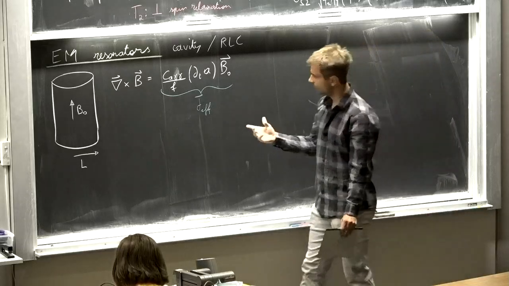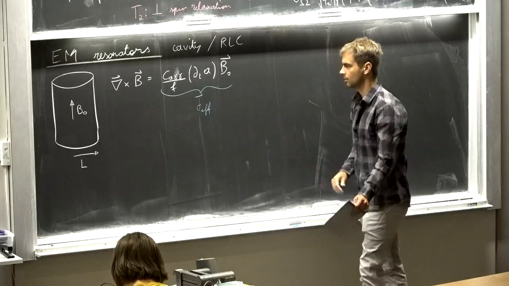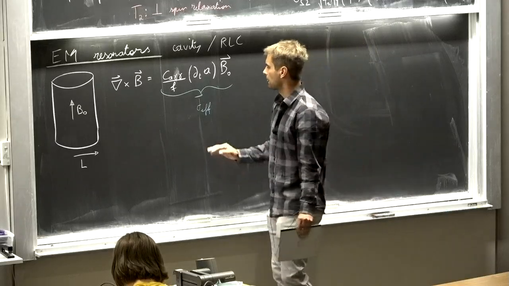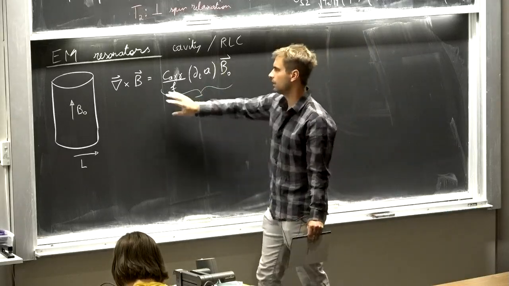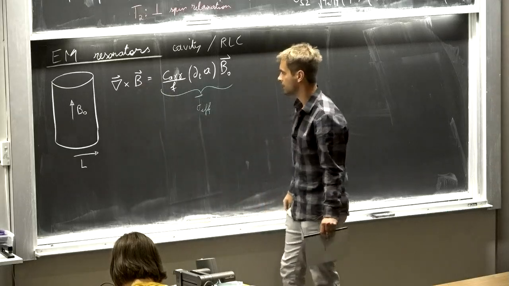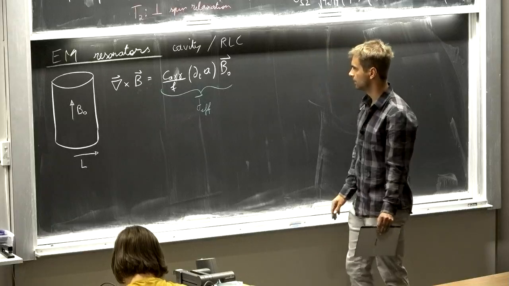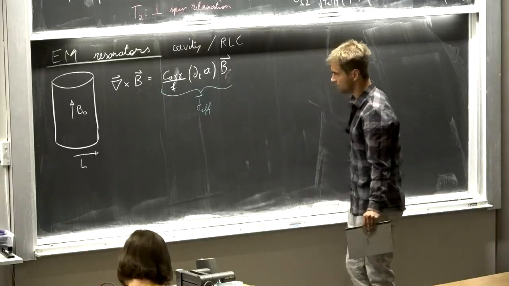You have to remember that this is not a real current, right? This is not moving electrons or something like this. But you can treat it, for the purposes of calculating the resulting magnetic field, as an effective current density. Yeah, so the equations are these.